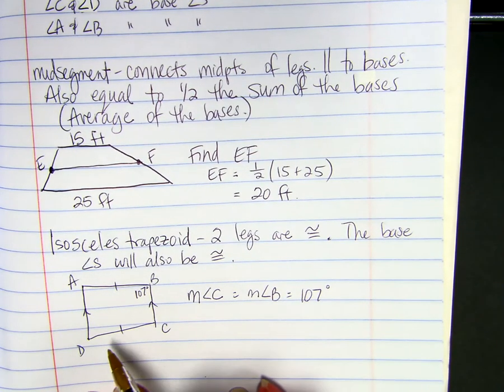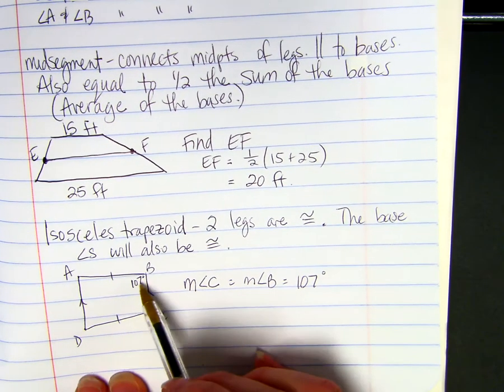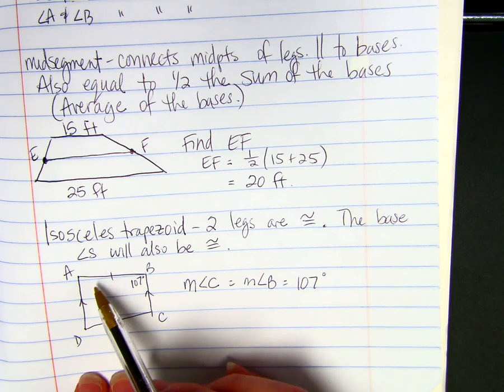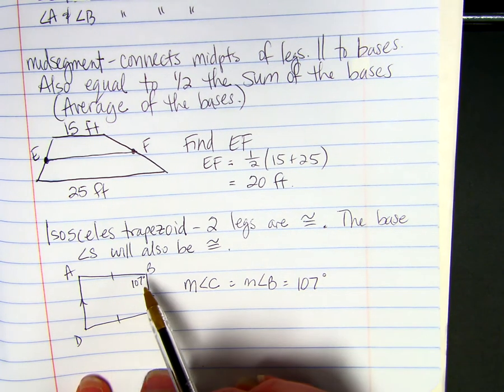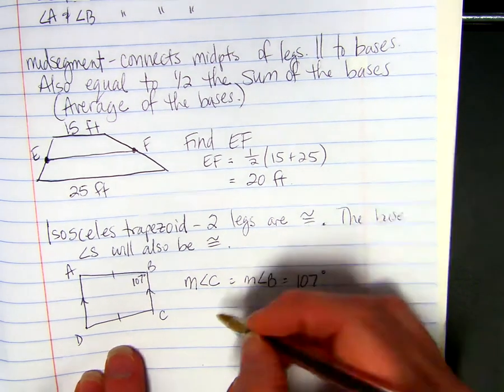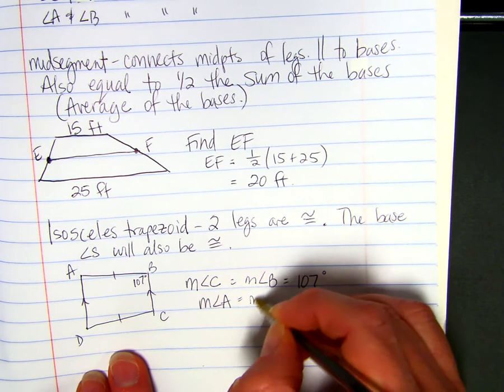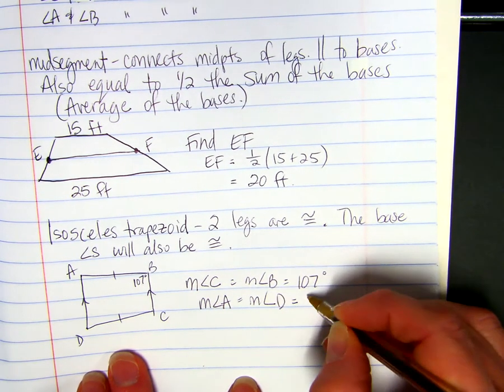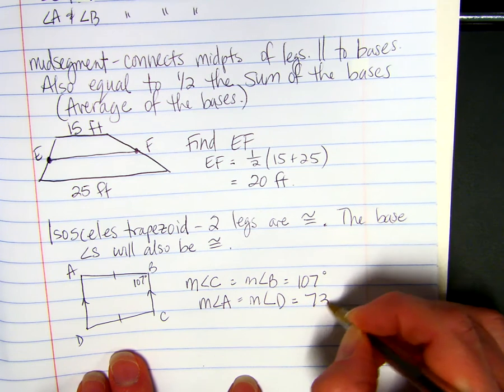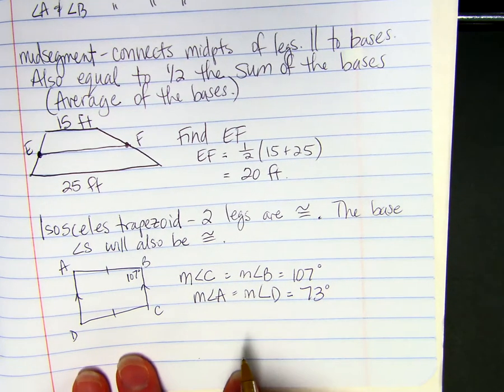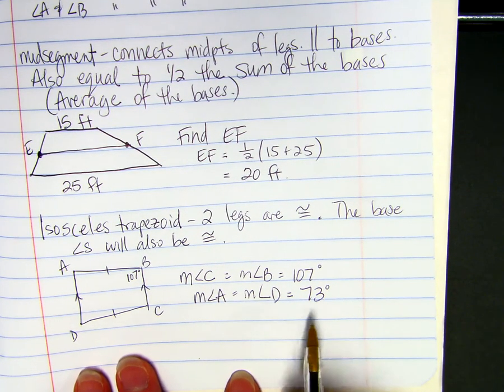And then we can find the measure of angle A and D by taking the supplement of 107. Would be 73 degrees. So we would take 180 minus 107 and get 73.